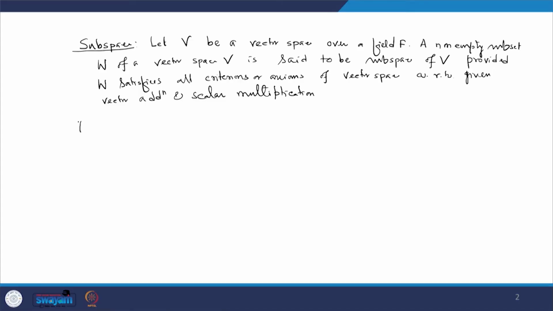So, let me consider that V equals F2, the space of all two tuples over capital F, and vector addition and scalar multiplication are defined like what we did last time.